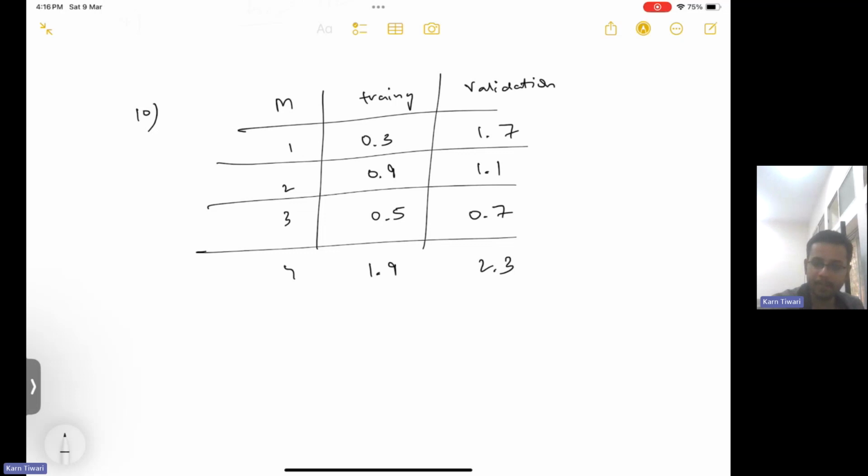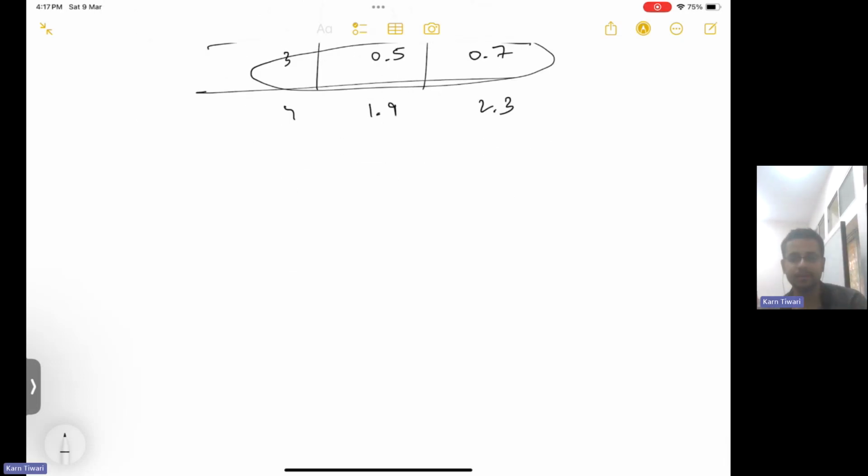In the last, both bias and variance are higher. So I will pick the third model, with training 0.5 and validation 0.7. Model 3 has both low training loss and low validation loss. So that's the 10th question we have covered from last year's assignment.